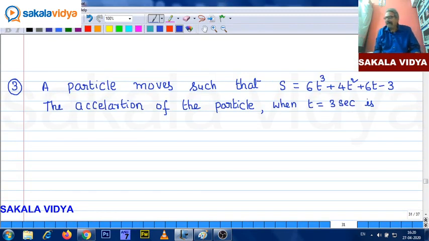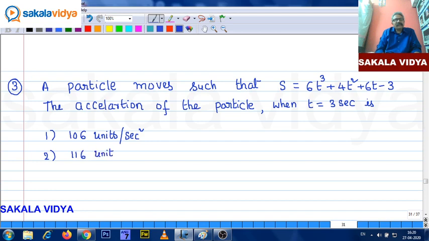First option 106 units per second square, second 116 units per second square, third option 112 units per second square, fourth one 3 units per second square. Okay, this is the problem.